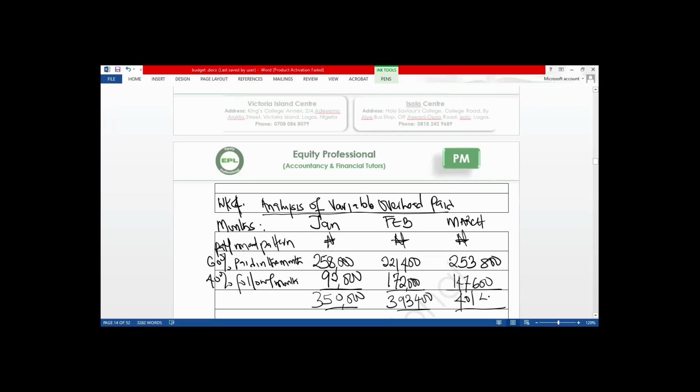This is the payment for 393,400 and 401,400. You can now go to your cash budget.